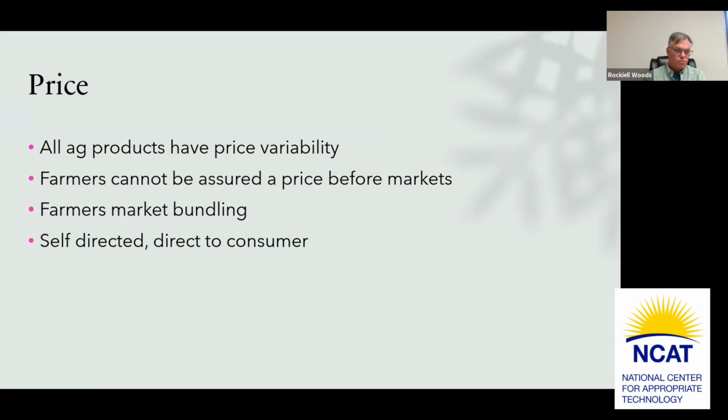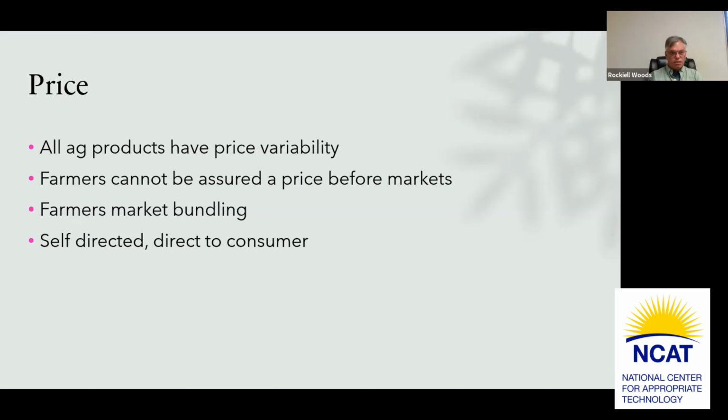For small farmers, you have much more control over your price in general when you are doing the selling to the end user, to the consumer. If you are selling to a restaurant, or you're selling to a consumer, you're selling to your community supported agriculture, which is a box program situation, you have a lot of control over that price. The further you are from the end user, the less control generally.